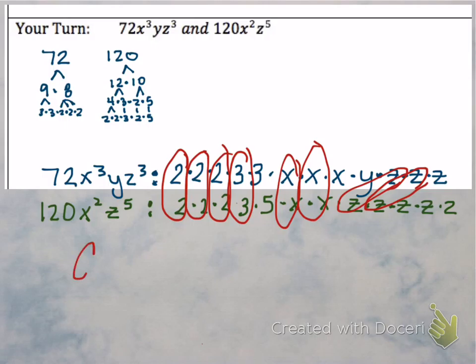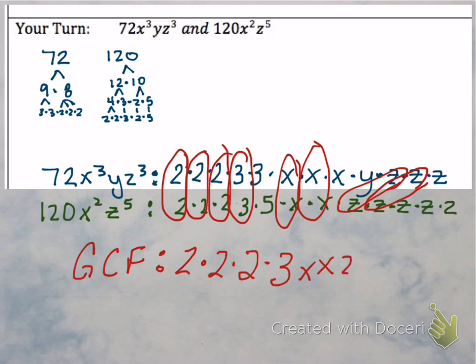And so my greatest common factor for those 2 monomials is made up of 3 factors of 2, a factor of 3, 2 factors of x, and 2 factors of z. And so multiplying that out, 2 times 2 is 4, times 2 is 8, times 3 is 24, and x squared z squared is their greatest common factor.